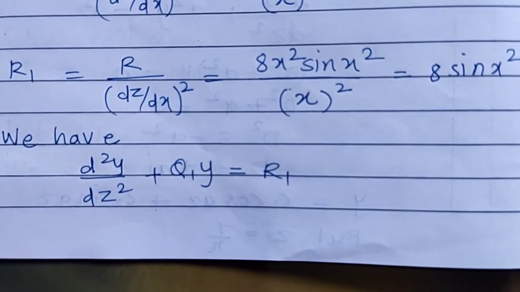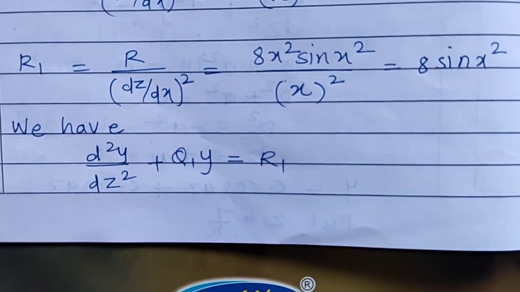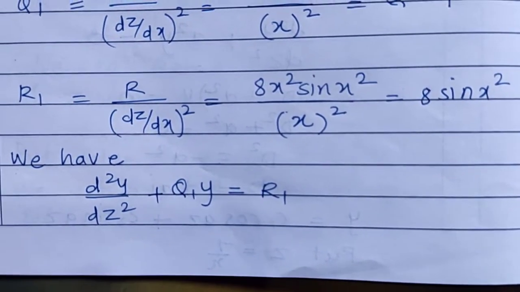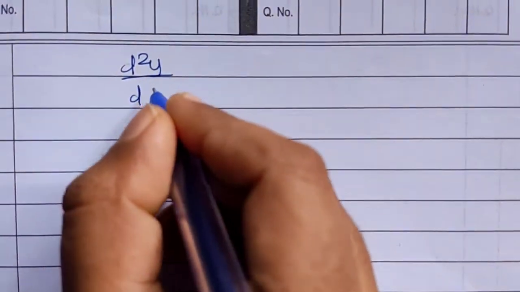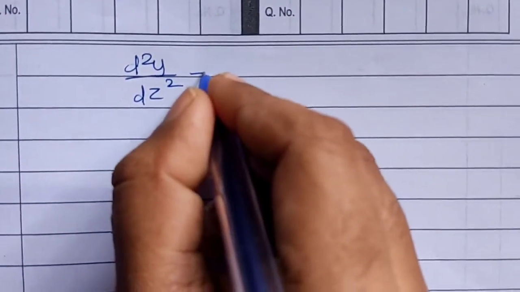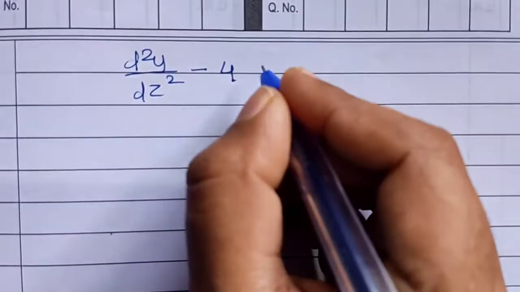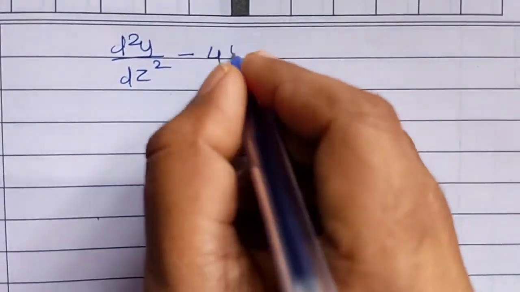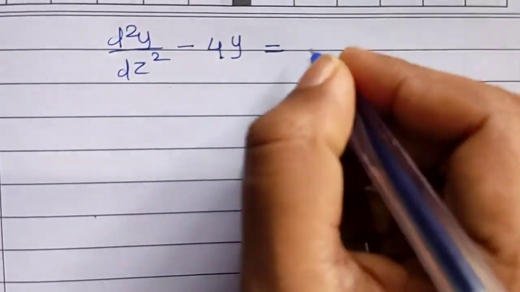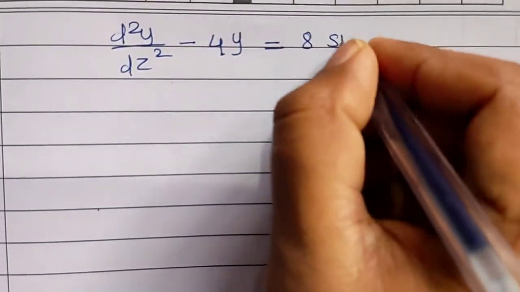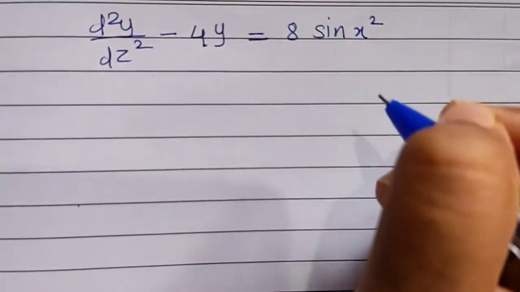This is the transformed equation by changing the independent variable. Putting the values of q1 and r1 in the transformed equation, we get d2y by dz square minus 4y is equal to 8 sin x square.